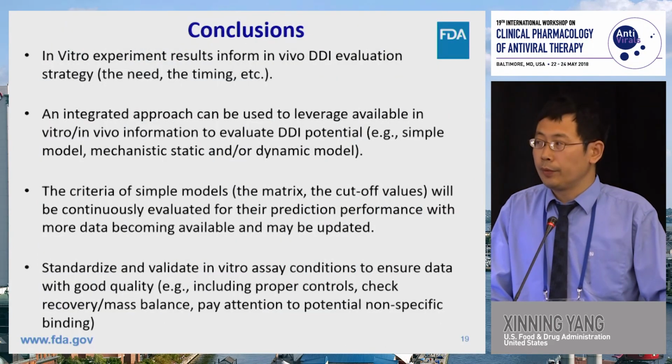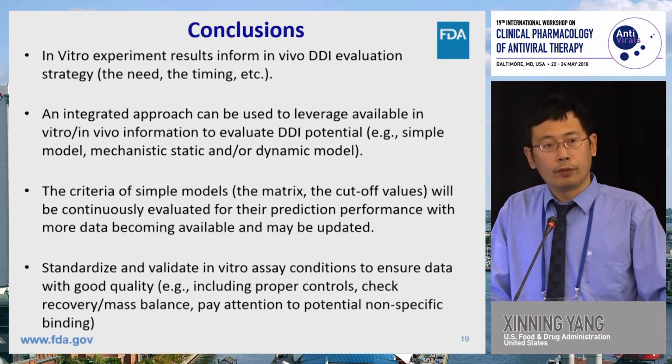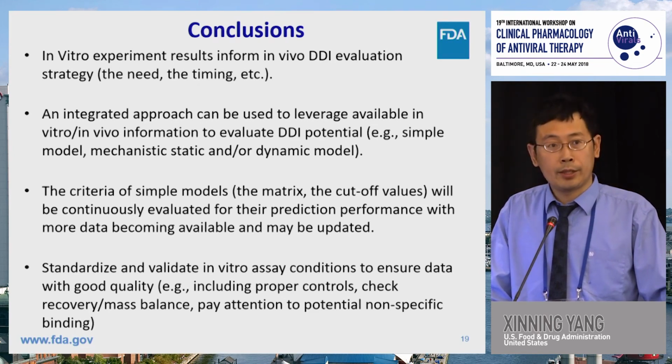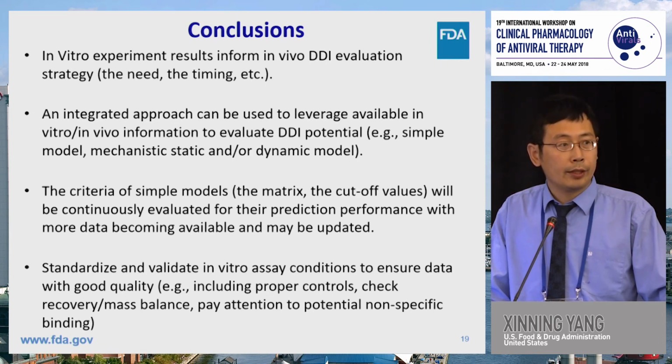As a conclusion, the in vitro experiment results will inform the need and the timing of in vivo study. We want to leverage the knowledge and scientific understanding about the system to determine the in vivo DDI potential using an integrated approach, like the simple model I mentioned in the previous slide, and the mechanistic models, which I didn't talk about due to the time limit, but you can find in the guidance.